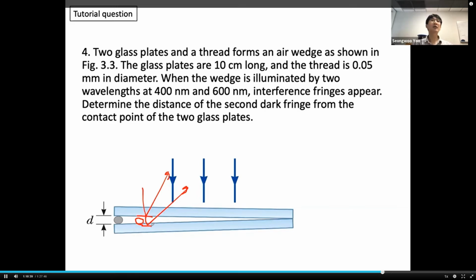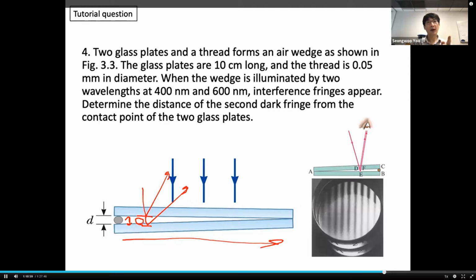In that case, we can appreciate that the optical path length difference is determined inside this air gap, and this air gap thickness actually varies along the length. In other words, when we look at this air wedge from the top, we should be able to see alternating dark and bright patterns because the thickness varies.